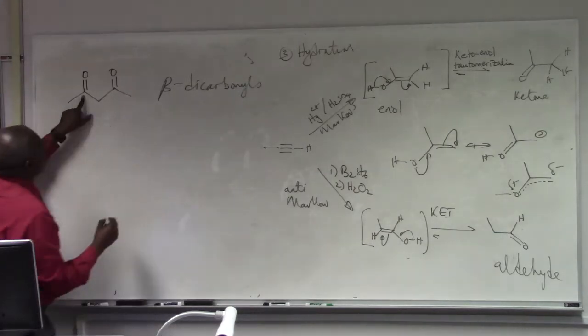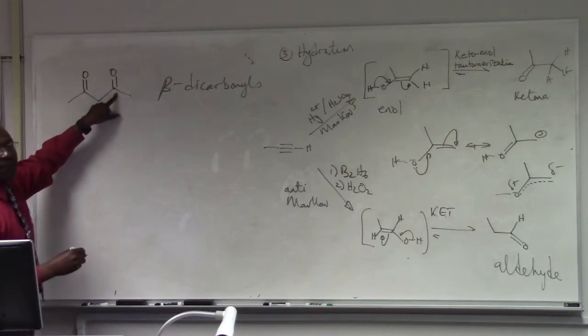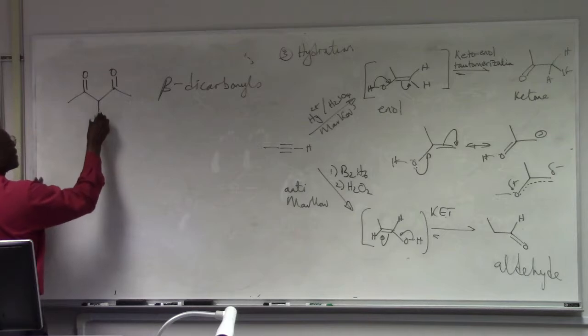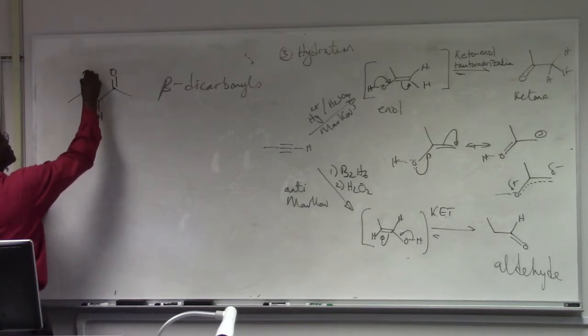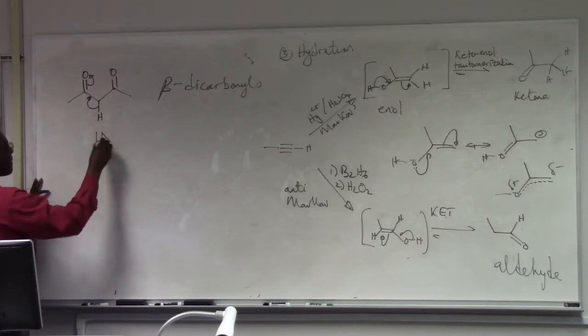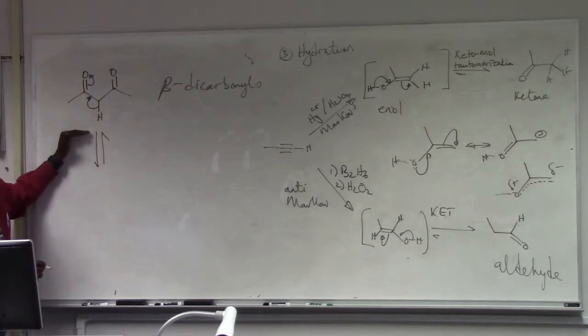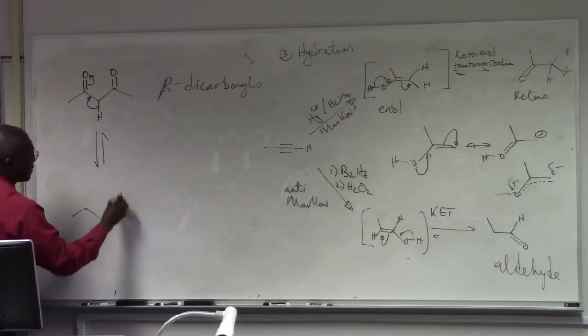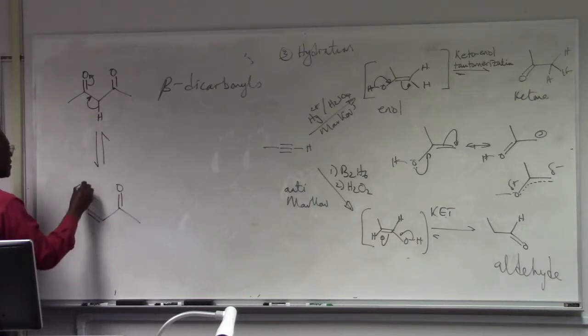Right, so here's my carbonyl carbon, alpha carbon, beta carbon. Beta dicarbonyls are very interesting. They tautomerize, and in the process, and you notice this arrow now is almost 50-50, what they generate is this species.